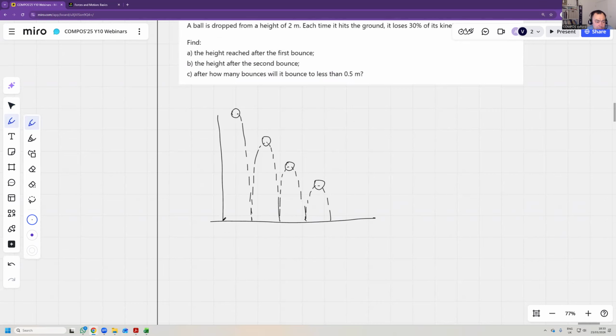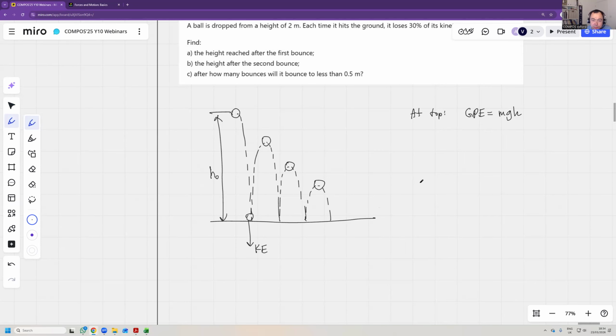So at the top, it has gravitational potential energy at height h0. At the top, gravitational potential energy is mgh. As it drops, this converts to kinetic energy.